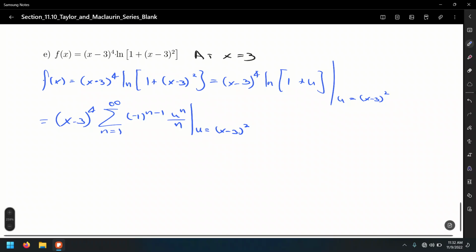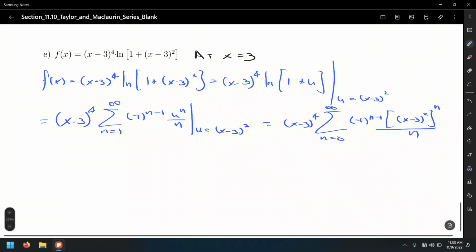And we're just ready to back substitute for this. So x minus 3 to the 4th, sum, n equals 0 to infinity, negative 1 to the n minus 1, x minus 3 squared, to the n, over n. And you know the drill for simplifying this.